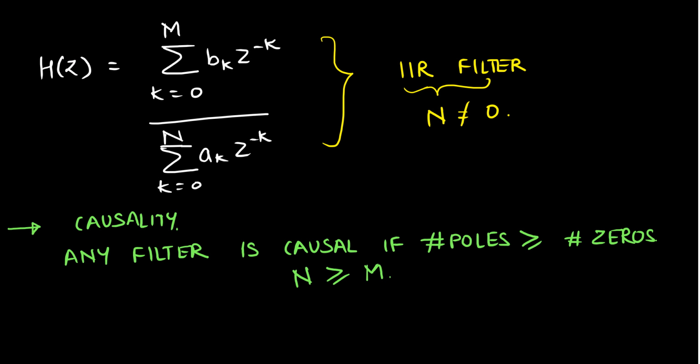This means that causality depends on the value of n as well as on the value of m, and this condition is not guaranteed every time, and therefore we can say that the IIR filter's causality is not guaranteed.